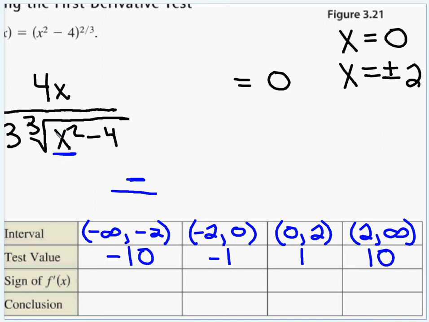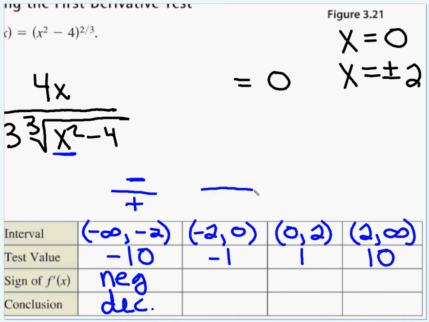Put in negative 10 and square it, that's 100. 100 minus 4 is positive. Cube root of a positive is positive. 3 times a positive is positive. So our denominator is positive. Again, it's really what occurs under that radical. Negative numerator, positive denominator tells us our sign will be overall negative, and our conclusion, function decreases.